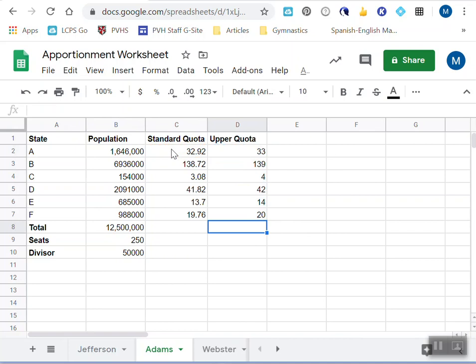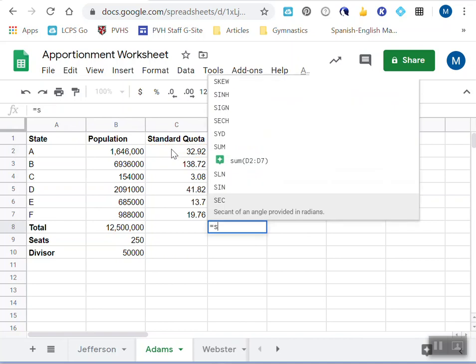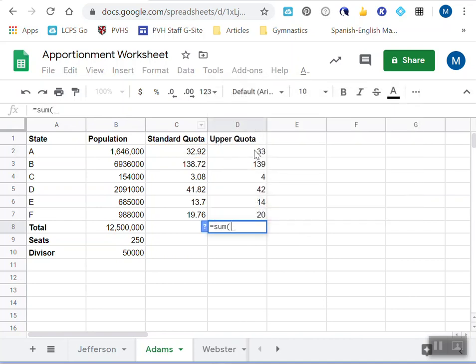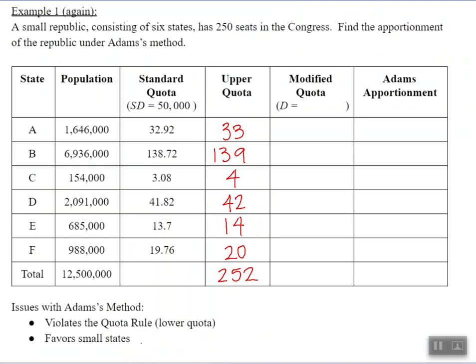Just like I did on the previous page, I'm going to add up all of those upper quotas. And I need this total to be 250. So I copied my information to my slide.